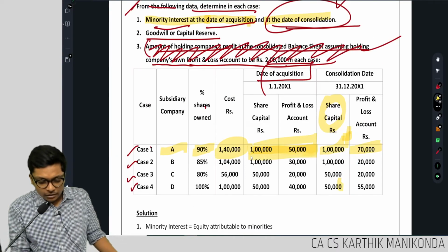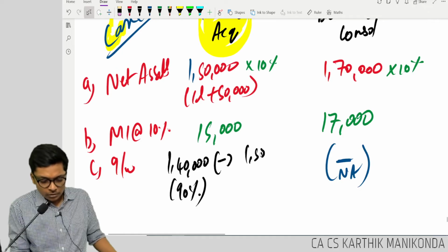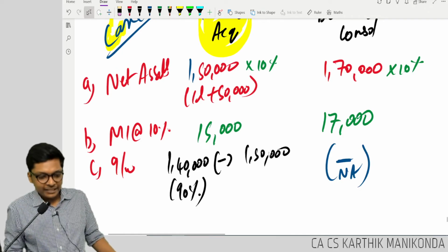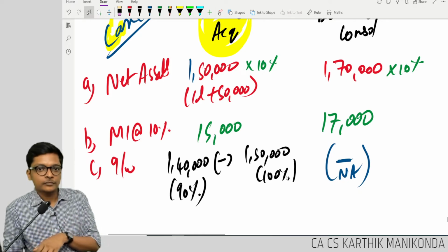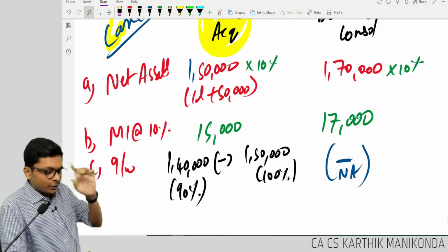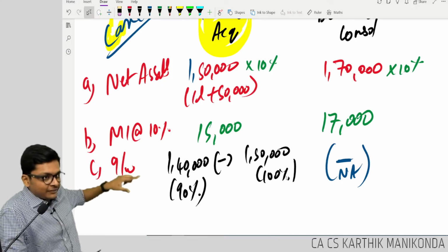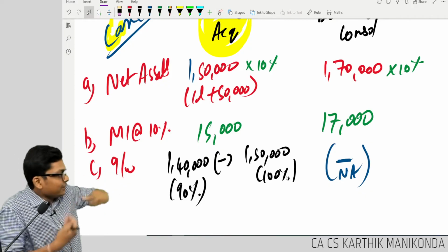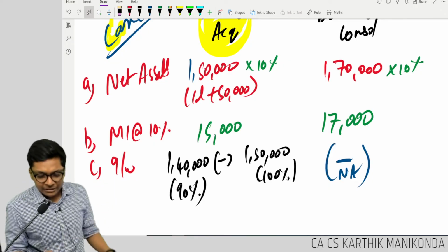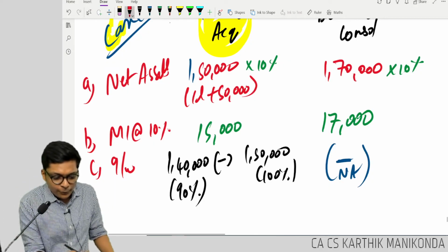What is my net asset? 1,50,000. This represents 100%. Correct? Can I compare? See, what you paid is 1,40,000, which represents 90%. Then I should compare it also with what I am getting worth of 90, because the remaining 10 you just now computed. What is that?